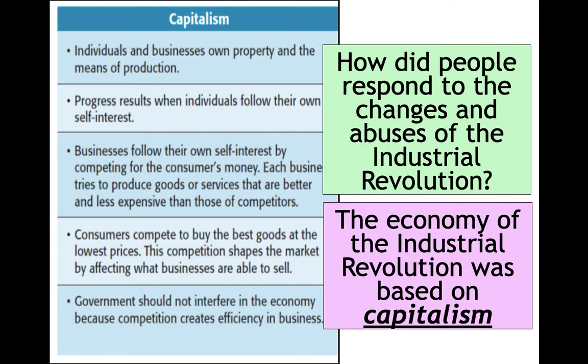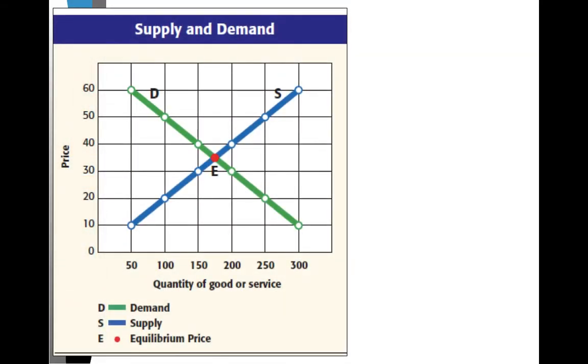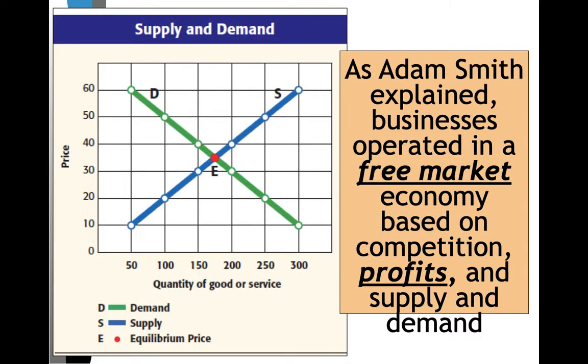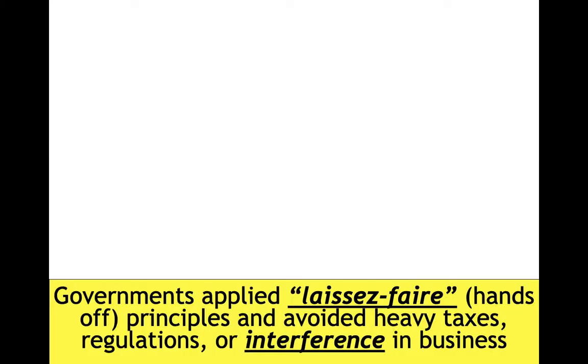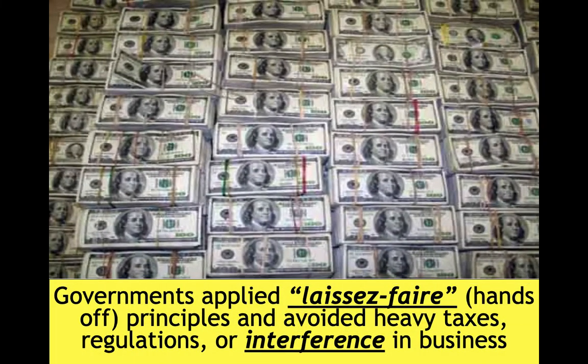You can read the chart and understand it. We are most familiar with capitalism. We know this is based on supply and demand. Adam Smith operated the free market based on economy and profits. Governments applied that laissez-faire, hands-off approach.